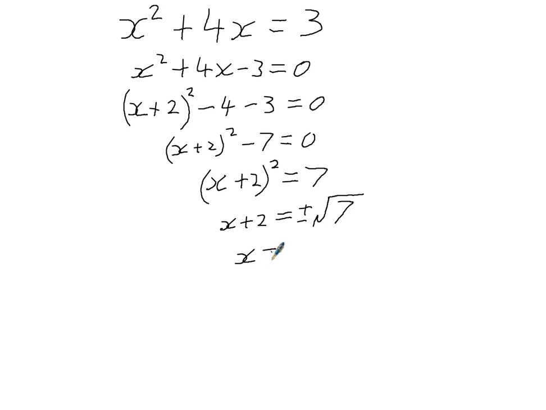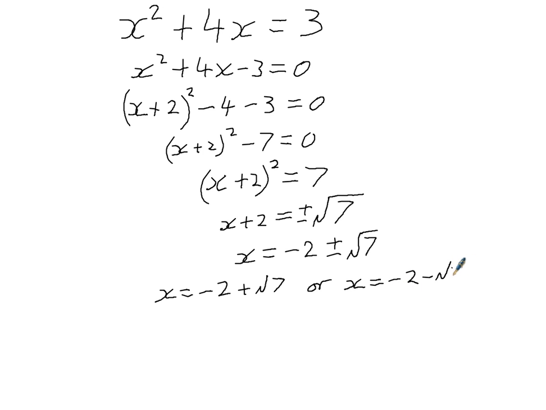So x is equal to minus 2 plus or minus square root of 7. So the 2 possible roots are x equals minus 2 plus root 7, or x equals minus 2 minus root 7.